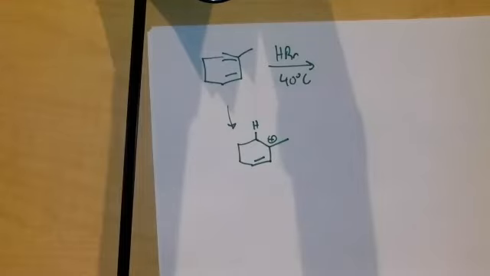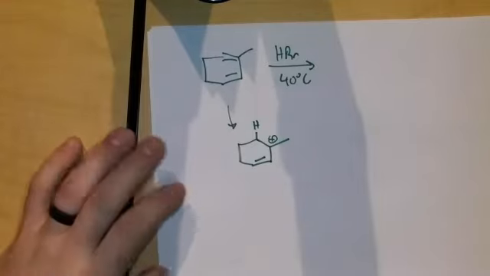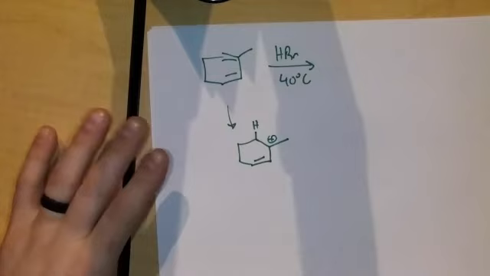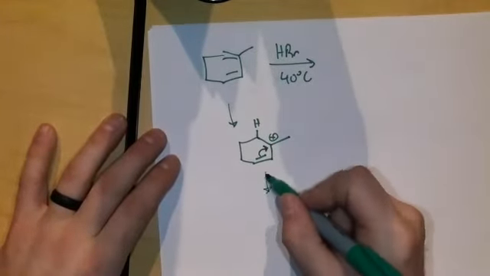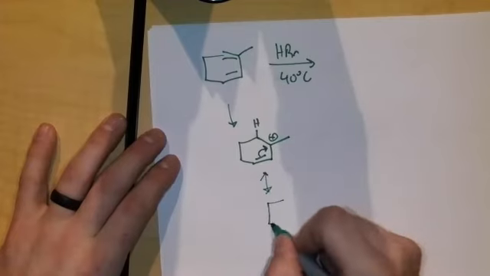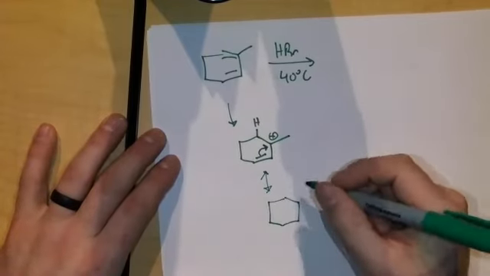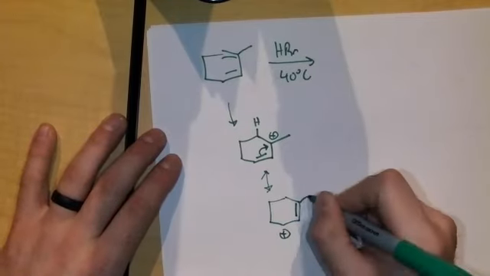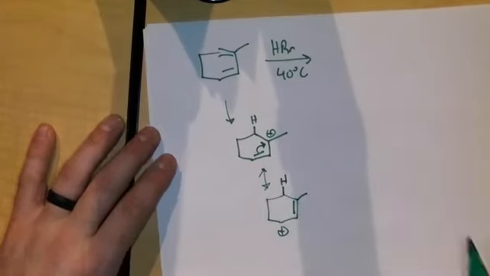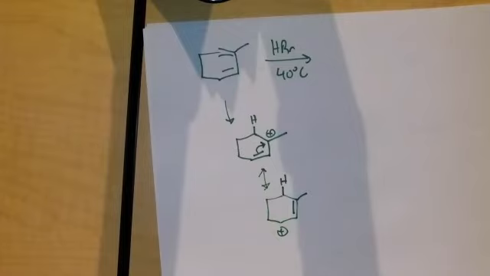From this point, we have to consider resonance. Because we're at 40 degrees, we're at like a normal temperature. This can move over and also give us this option.